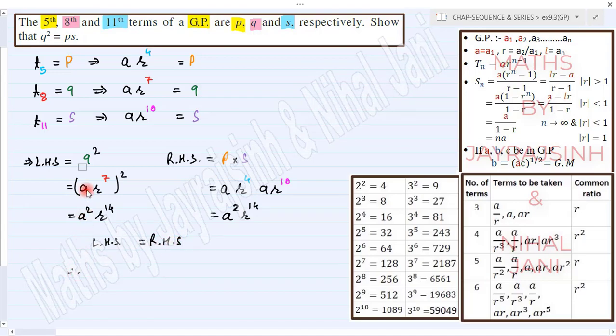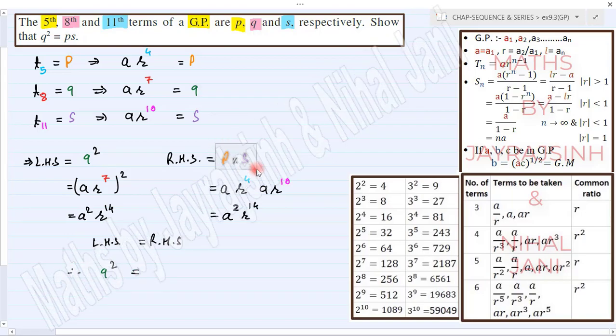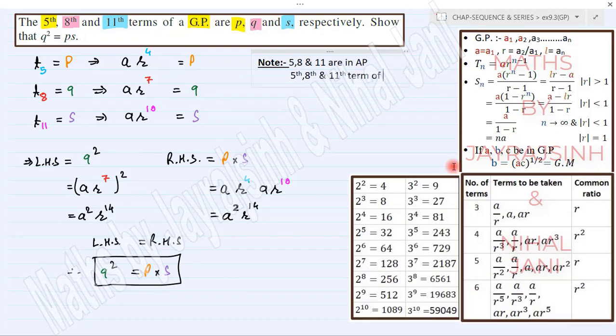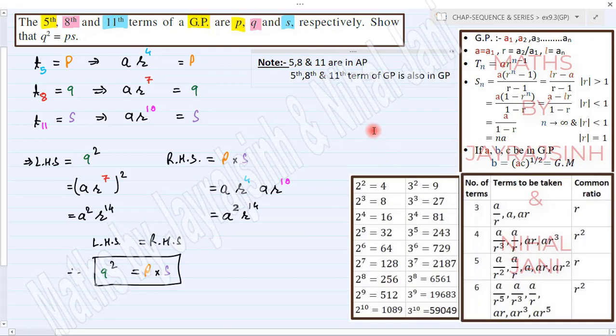So, we can say your Q square is equal to the product of P and S. Hence proved. Here, you should note that 5, 8 and 11 are in AP. The 5th, 8th and 11th terms of a GP are also in another GP. Okay. So, remember this result for MCQs.